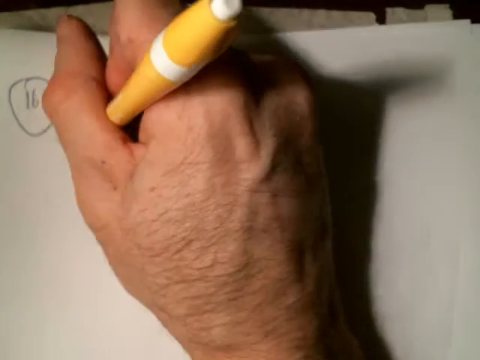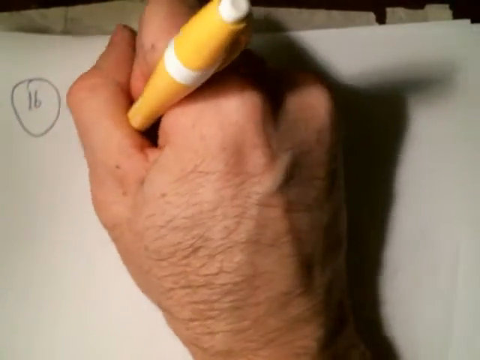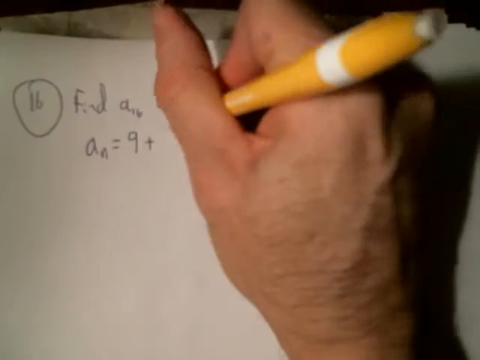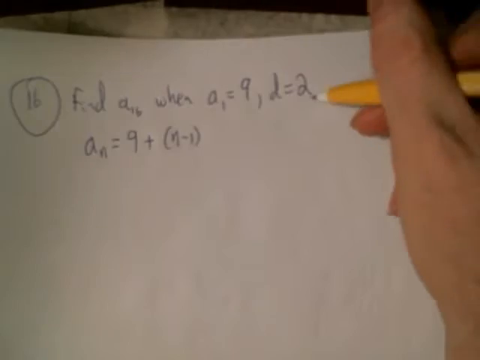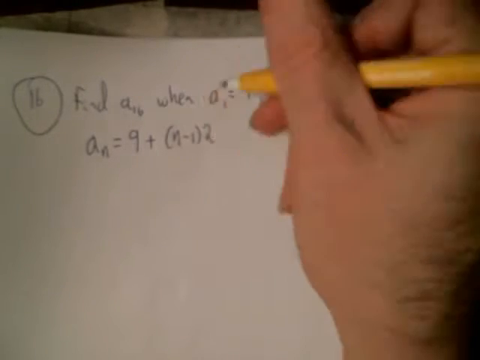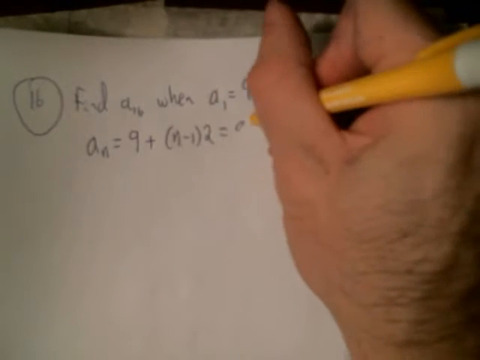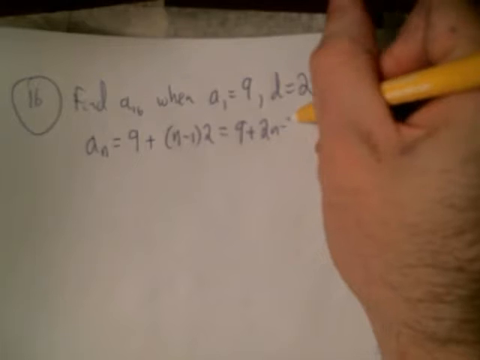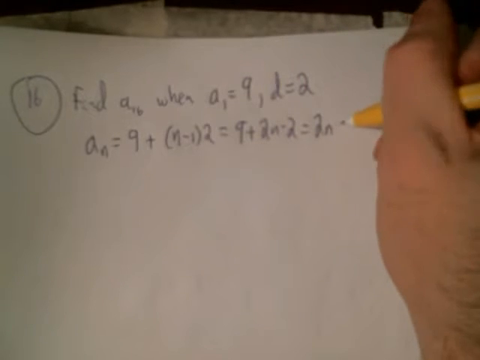Okay, so our formula a sub n is going to be a sub 1, which is 9, plus n minus 1 times d, which is given as 2. Okay, so this is 9 plus 2n minus 2, which is 2n plus 7.